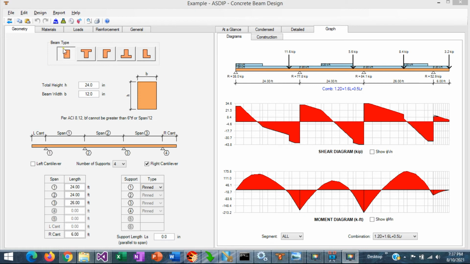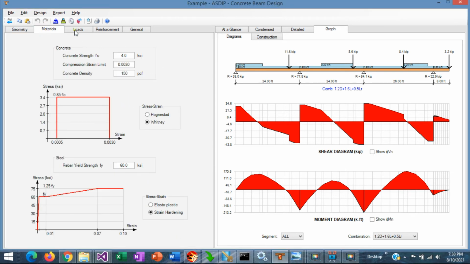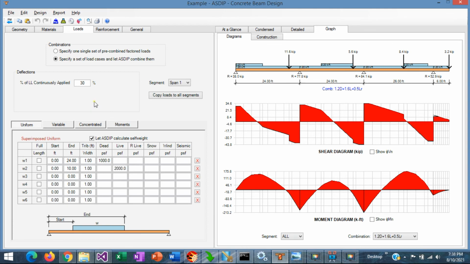Basically, I specify a section geometry, 12 by 24. Here are the 3 spans. They are unequal spans, 24, 24, and 26 feet. The cantilever is 6 feet long. Then I enter some material properties, and I enter some uniform and concentrated loads as shown graphically here.